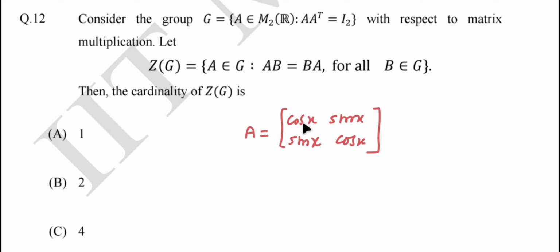Suppose I take plus sign for this one, this one, this one, and then I have to take minus sign for this. Okay, so one more element you can take.